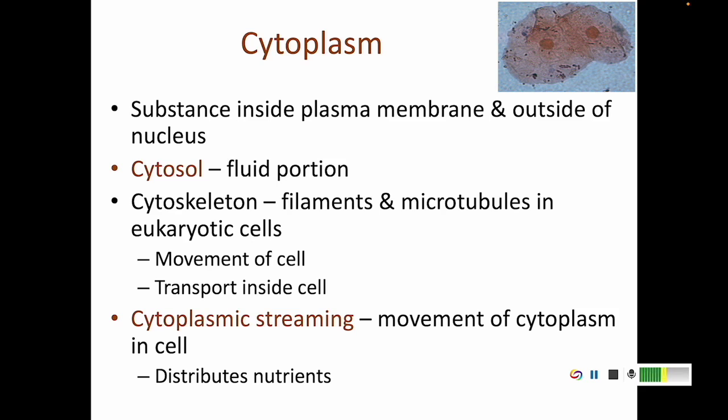So they act as a little bit of a highway system inside the cell to allow things to get where they need to. You'll see something called cytoplasmic streaming, where the cytoplasm can move throughout the cell. This allows nutrients to be dispersed throughout the entire cell. Instead of staying concentrated on one end of the cell, it's distributed through the whole cell, so the whole cell maintains the energy and materials that it needs.